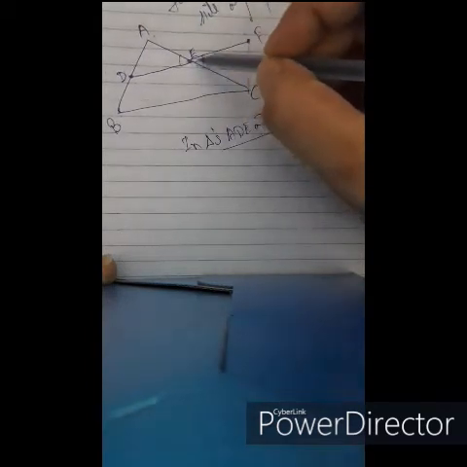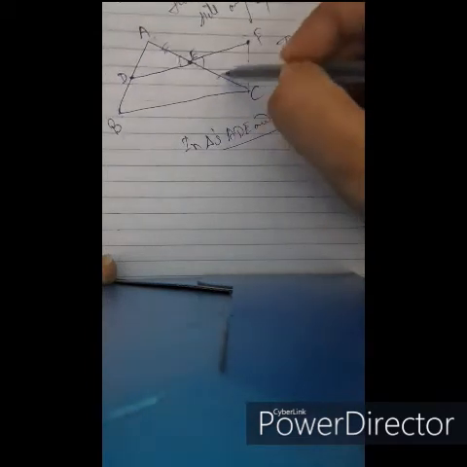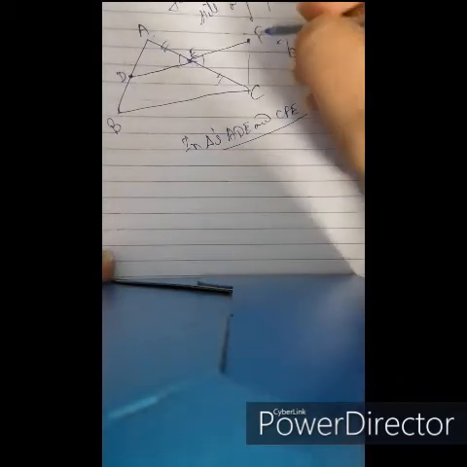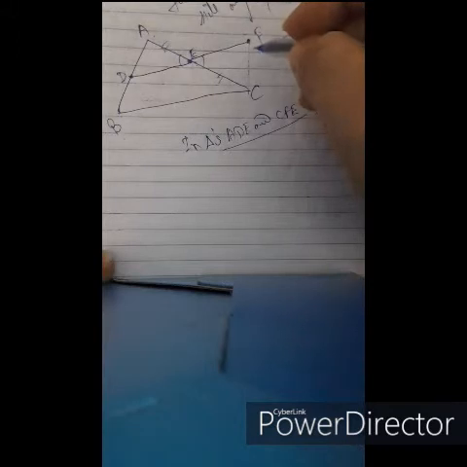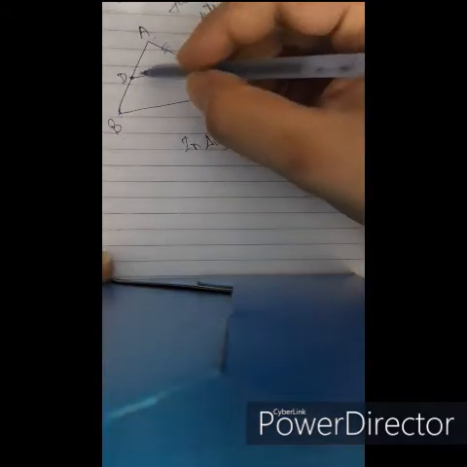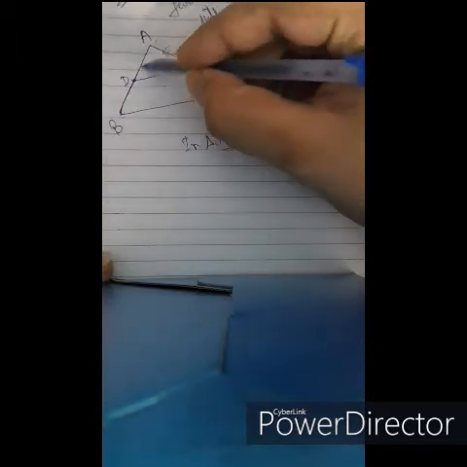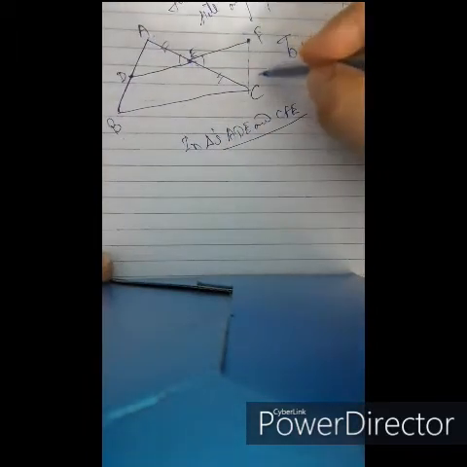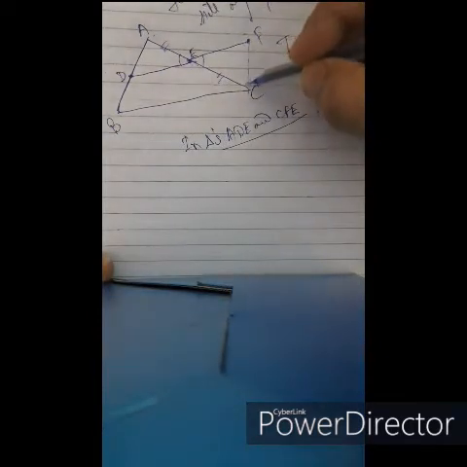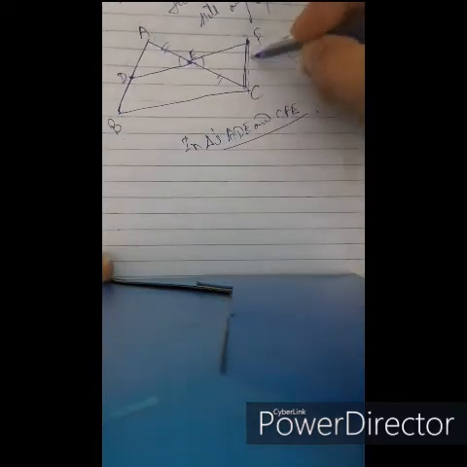Since E is the midpoint of AC, AE is equal to EC. And the alternate angles are equal. Another point to be noted is that AB is parallel to CF. These two lines are parallel.